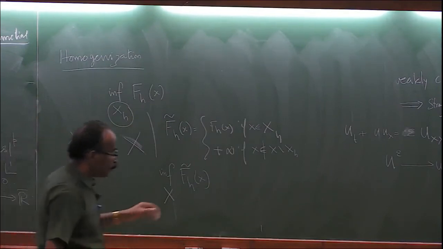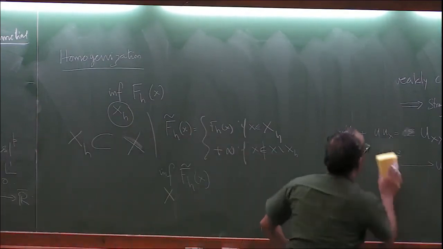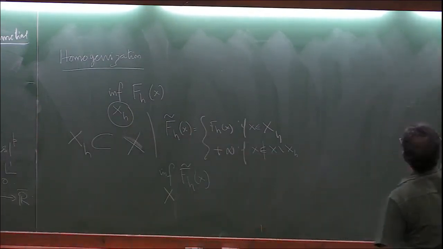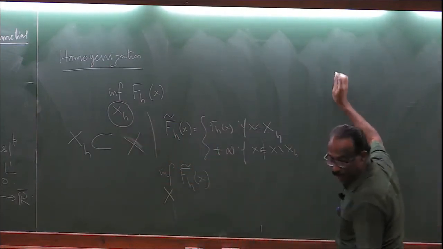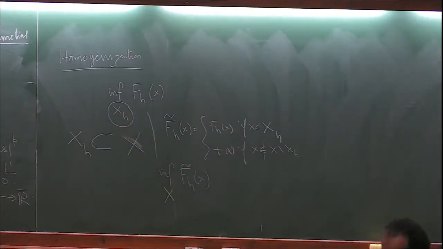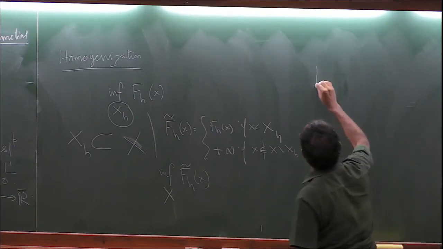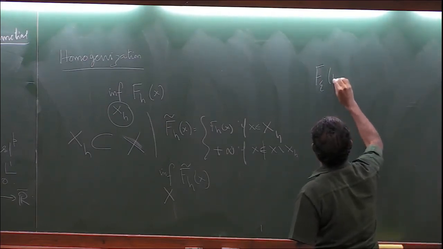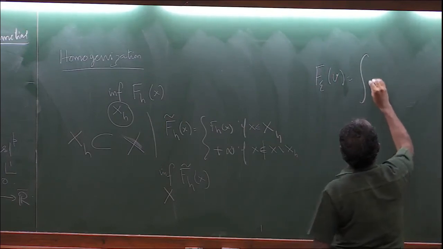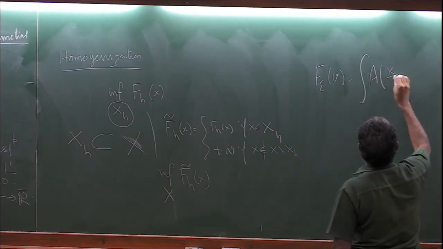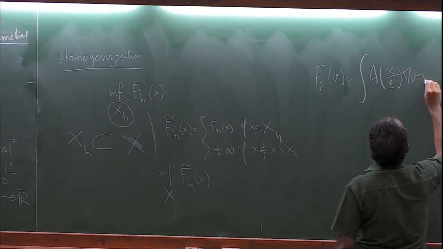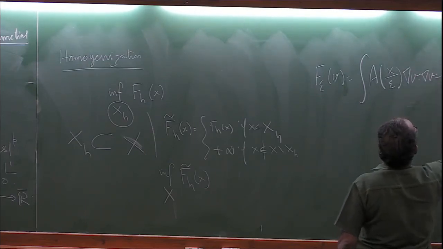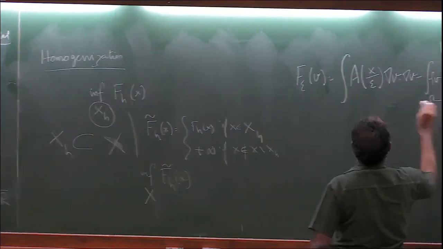So the issue is to study a family of problems, and that is what we are looking at, a convergence, right? And in a typical case like homogenization, you have this problem: integral of A of x over epsilon, gradient of V, gradient of V, minus integral of F V over omega.